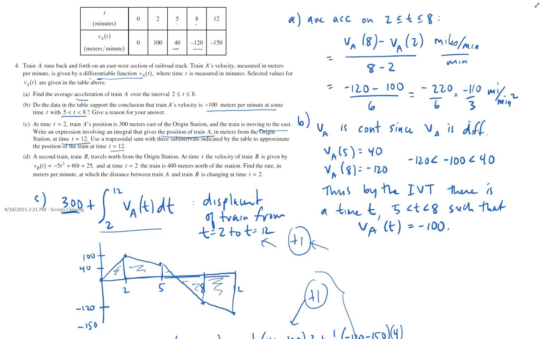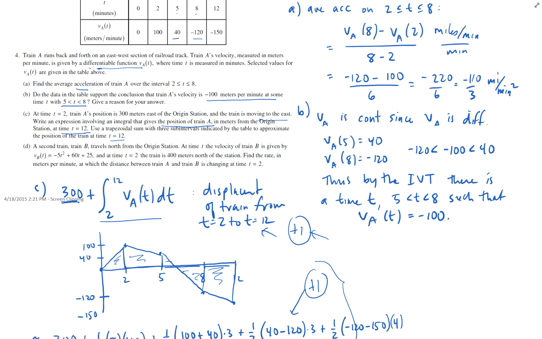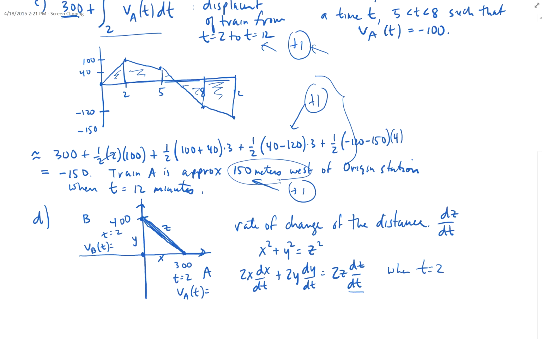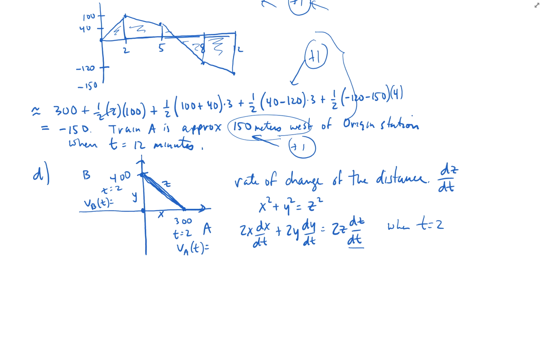I know what the rate of change is. I've got an equation for v of b, so I could take the derivative and figure that one out. Do I know what the rate of change for the first one is? Somewhere on here. Well, let's start working this out and see what we got here.